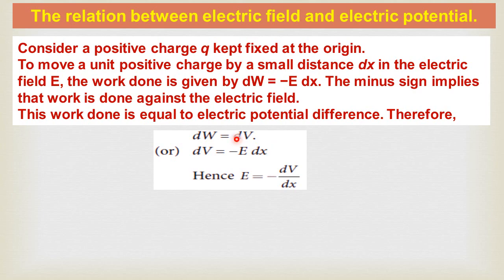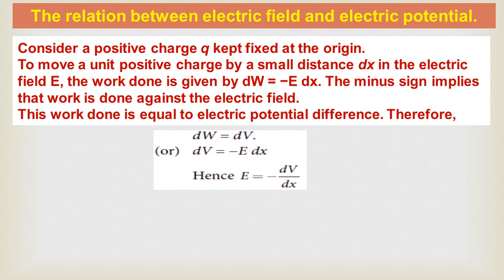To move a unit positive charge by a small distance dx in the electric field E, the work done is given by dW equals minus E into dx, because we are moving the charge against the repulsion force. So it should have a minus effect. That's why we put a minus here. The minus sign implies that work is done against the electric field.